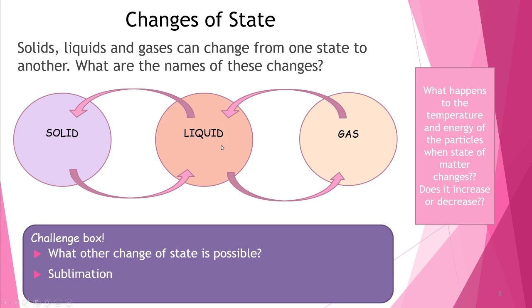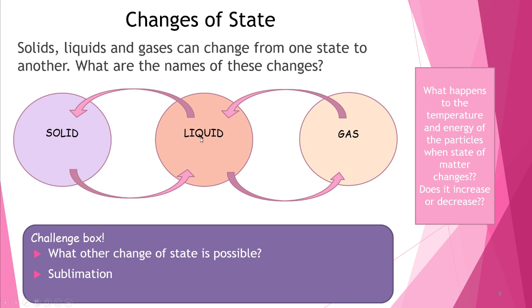Liquid particles are not moving fast. They've got less energy compared to gas. So what happened to the temperature then? It decreased this time, and so did the energy. So energy and temperature decrease when it moves from a gas to a liquid.